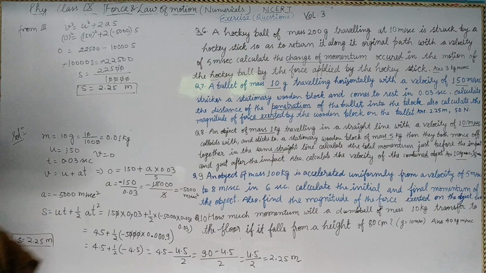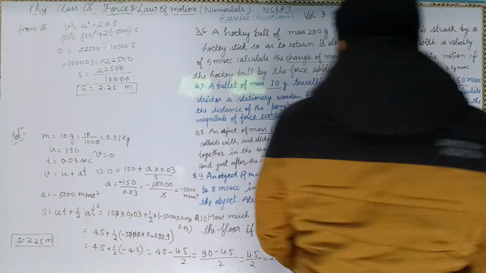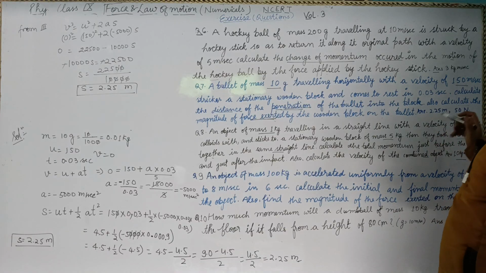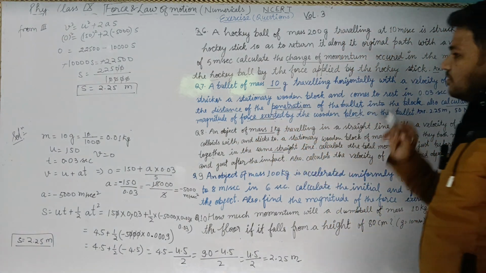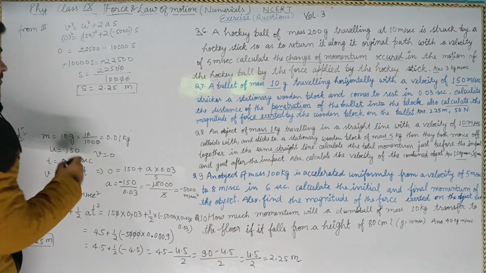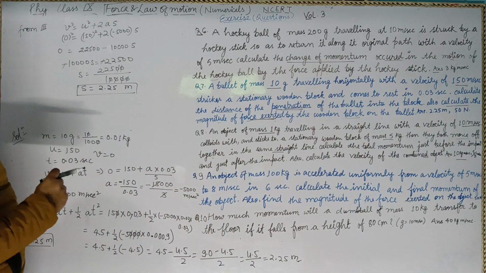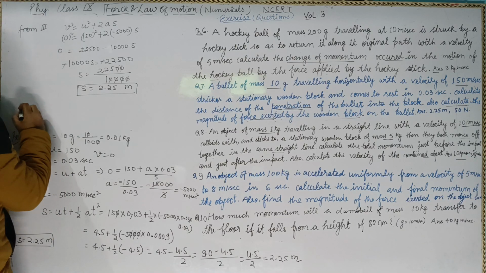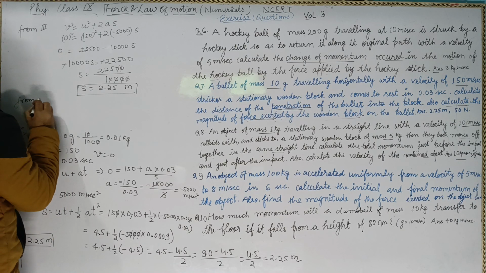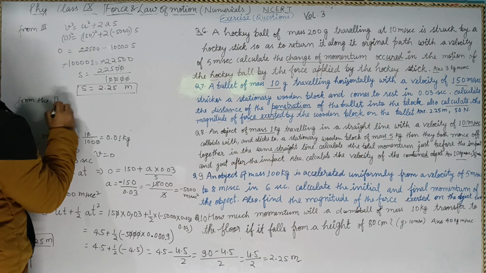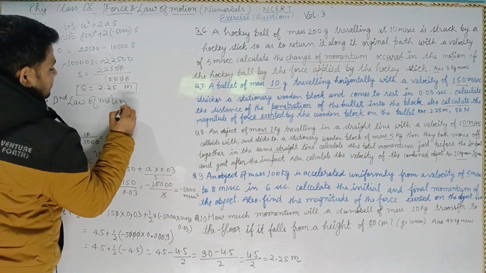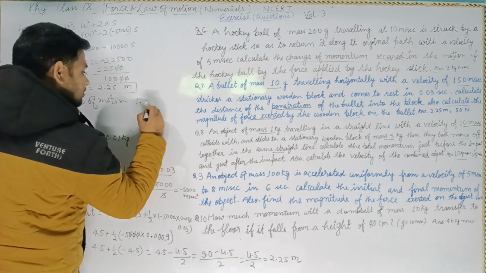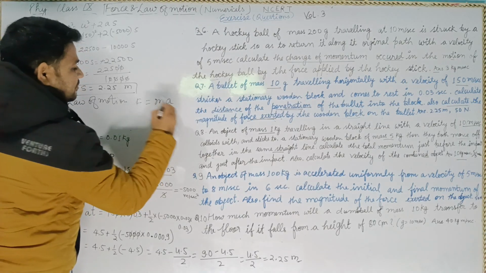But in the other part, we have to calculate the magnitude of the force exerted by the wooden block on the bullet. From the second law of motion, we know that F equal to mass into acceleration, F equal to ma.